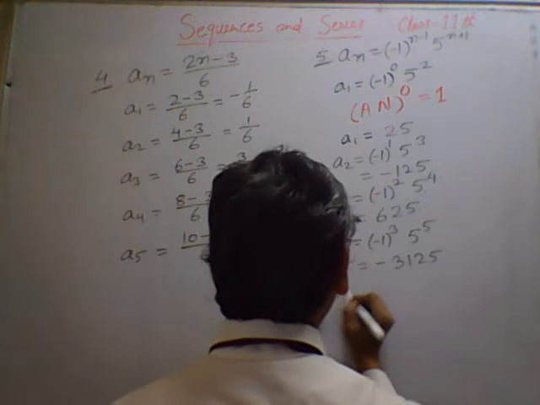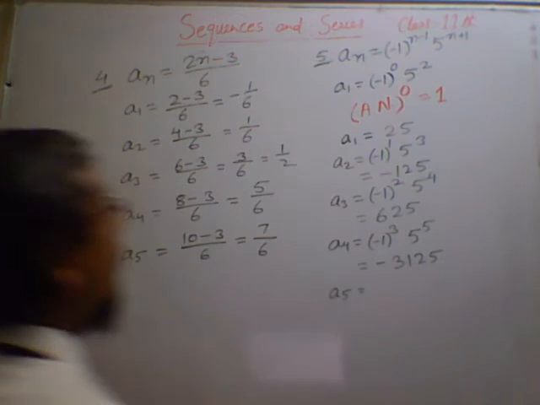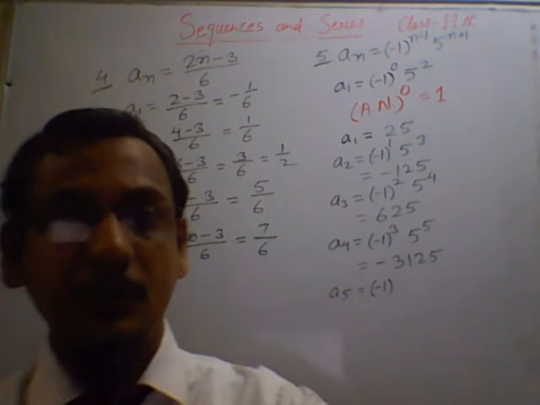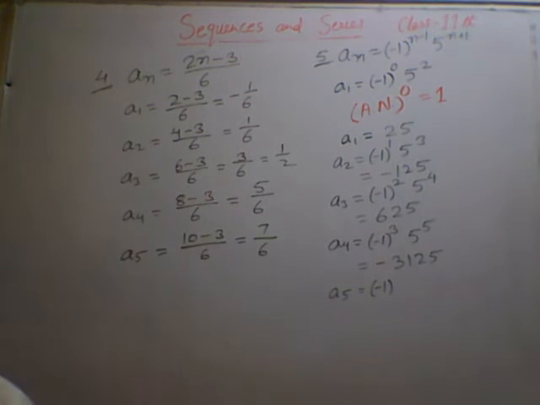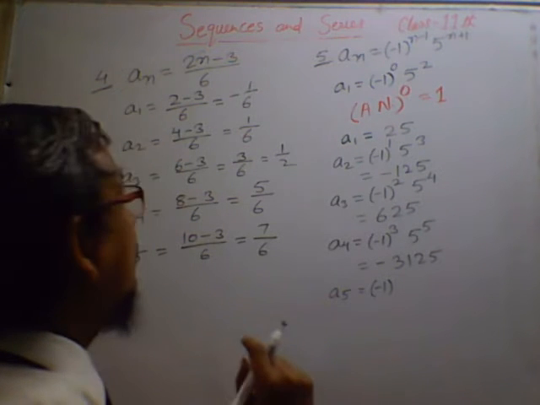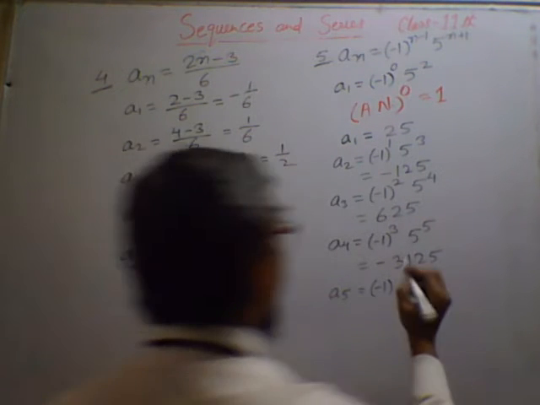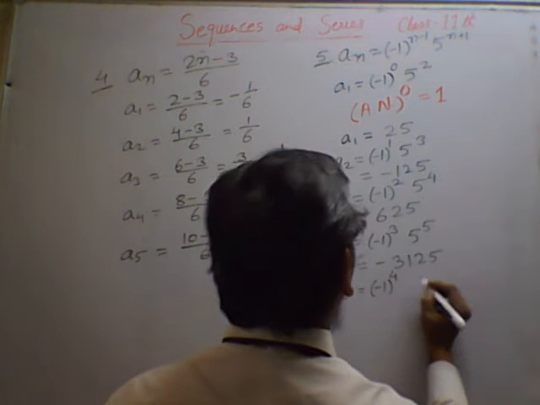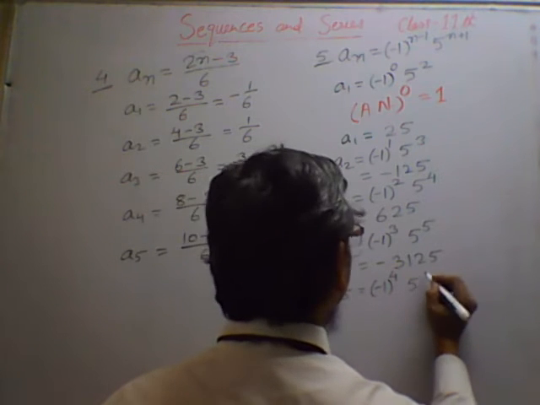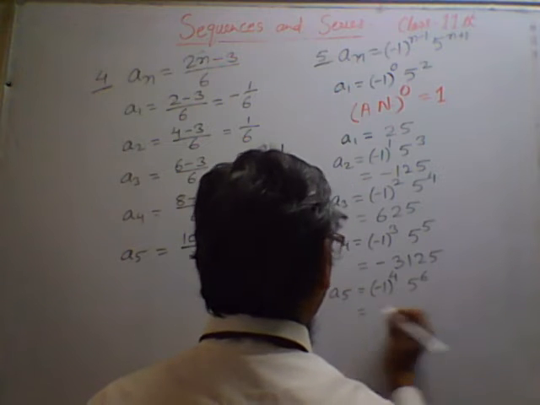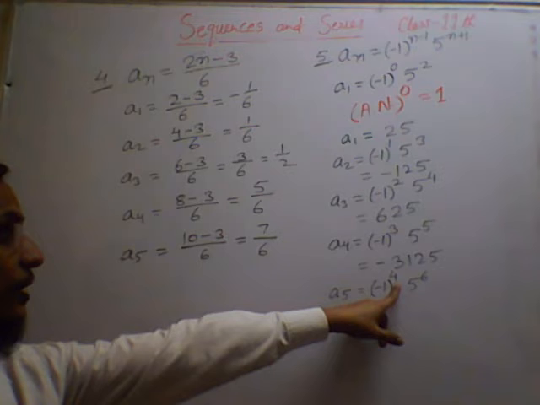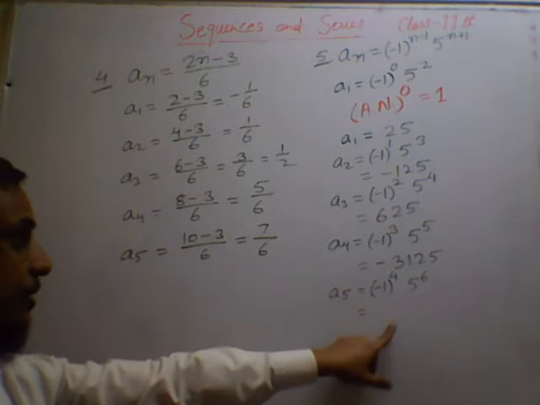Now A5 equals minus 1 raised to the power 5 minus 1, that is 4, times 5 raised to the power 5 plus 1, that is 6. Now this time the power is an even number, so it will be a positive number.